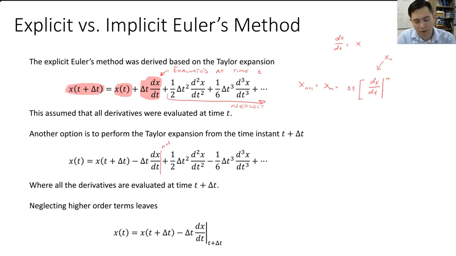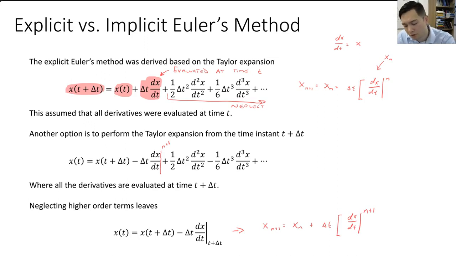And so if we neglect the higher order terms, again, we drop down to just an equation of x of t is equal to x of t plus delta t minus delta t times dx dt at time index t plus delta t. And this then becomes our implicit Euler equation, where we rearrange and say x n plus 1 is equal to x of n plus delta t times dx dt, but now it's going to be evaluated at time index n plus 1.